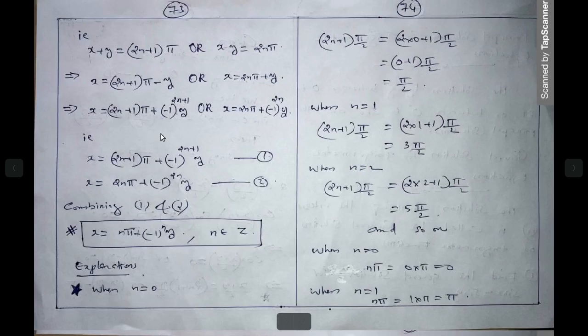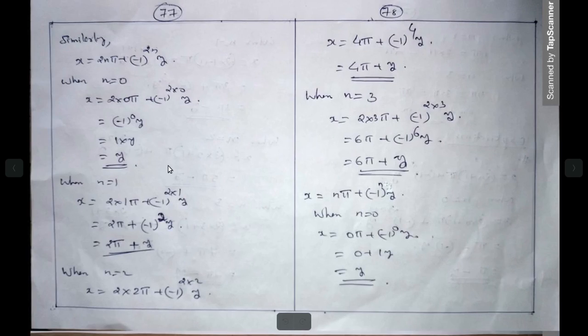Similarly, consider the next equation, this one. Firstly we chose this one, now we are choosing equation number 2, that is 2n pi plus minus 1 whole raised to 2n y. Minus 1 whole raised to 2n y. So when n is equal to 0, that is 2 into 0 pi plus minus 1 whole raised to 2 into 0 y, so we got the answer y. Then for n is equal to 1, 2 pi plus y.